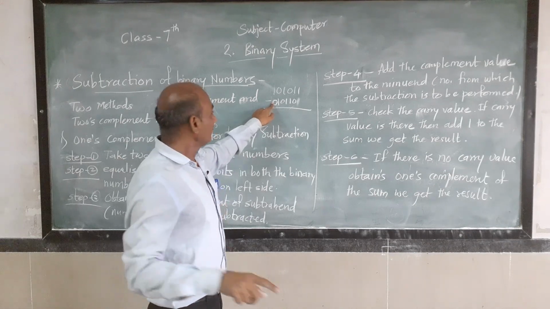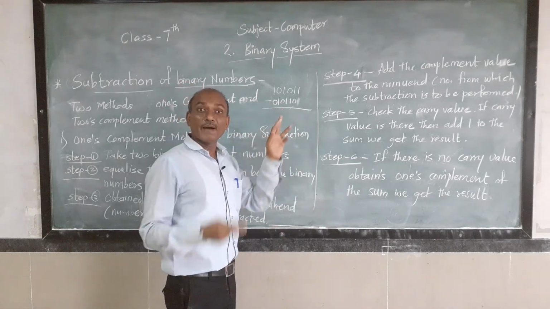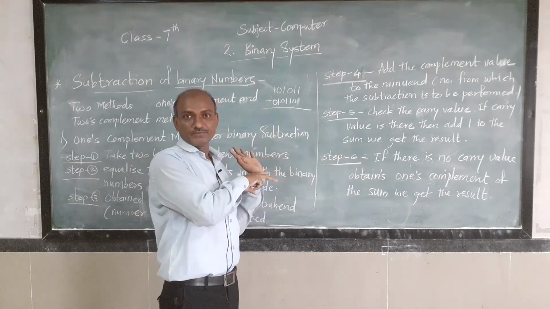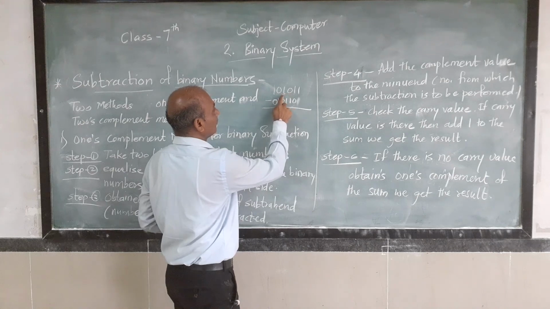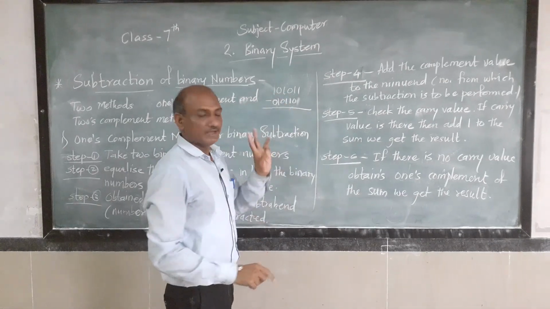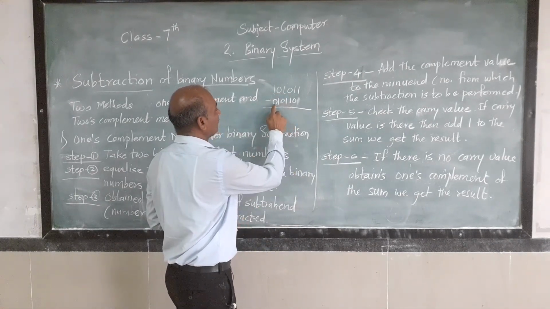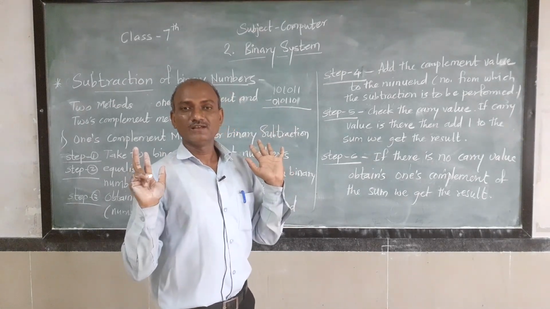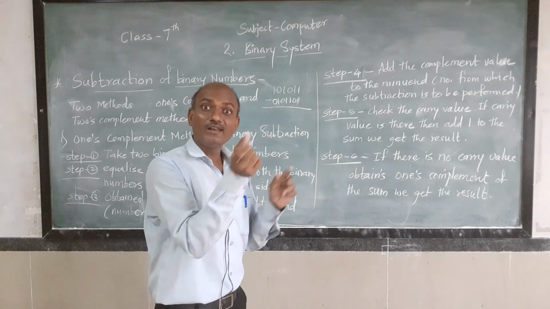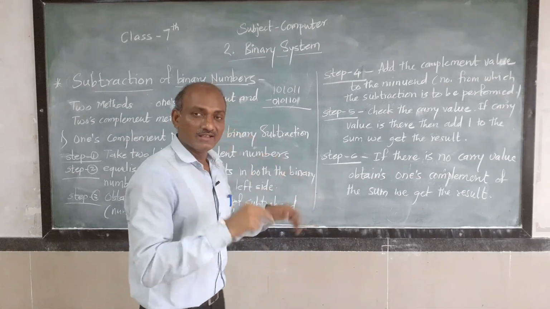Understand? Now count: 1 2 3 4 5 6, 6 bits, and 1 2 3 4 5 6, 6 bits. Both binary numbers are equal. How can we equalize? By adding a 0 on the left side. Okay, this is the second step.